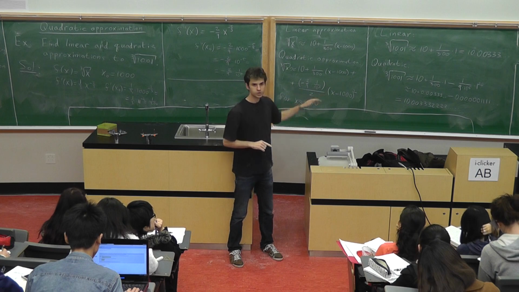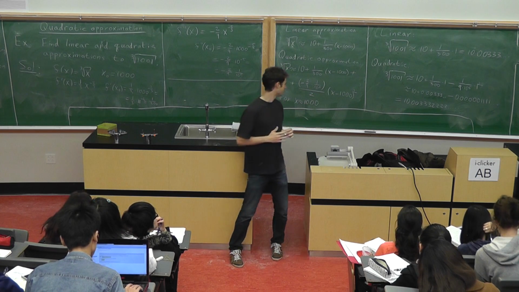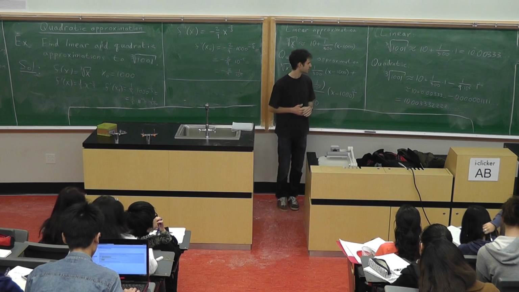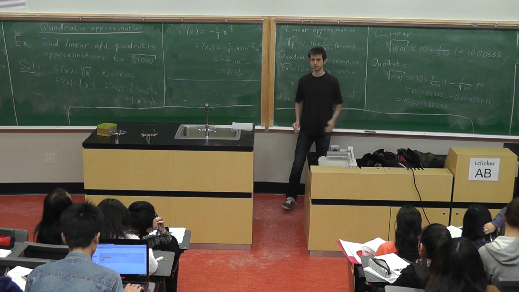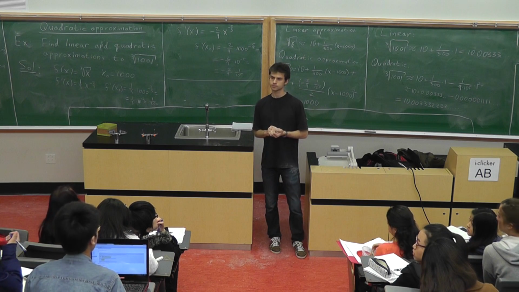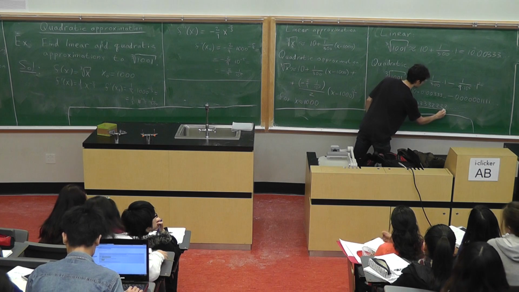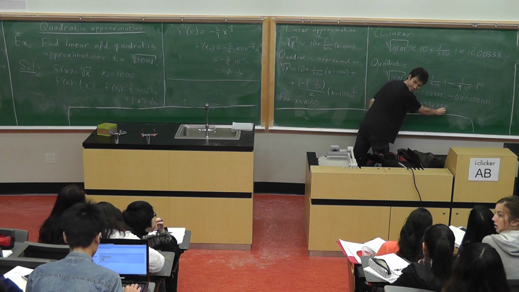Well, I wrote a huge number of digits here as if I'm sure about their correctness. Well, let's check. So does anyone have a calculator? Yes, 10.0033322. That's all the calculator gives me.